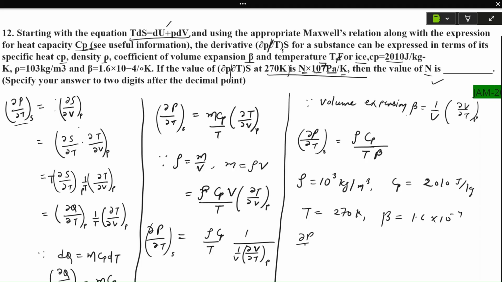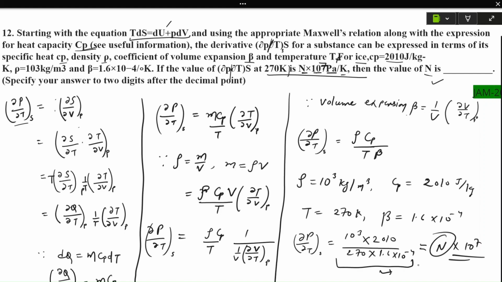So now put the values in del P by del T here as 10 raised to the power 3, 2010, 270, 1.6 into 10 raised to the power minus 4. And by calculating all these values, by solving this, we got n into 10 raised to the power 7. So now you can calculate it, solve it, and get the value of n.